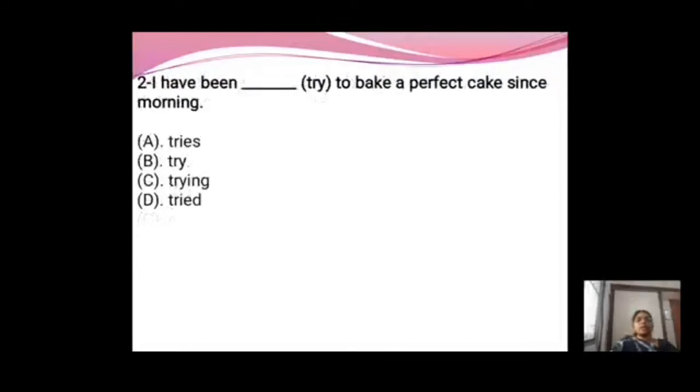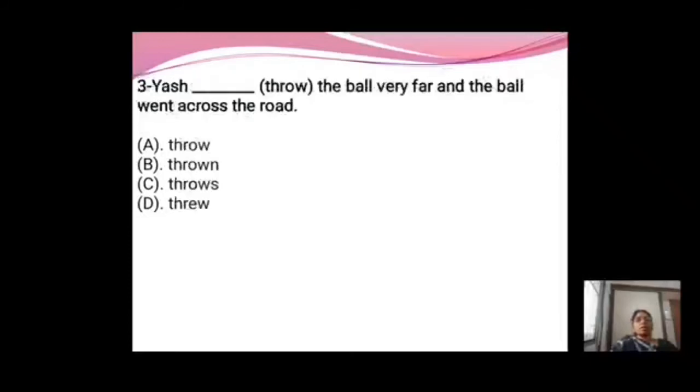I have been dash try to bake a perfect cake since morning. Tries, try, trying, tried. Right? Third question. Yash dash throw the ball very far and the ball went across the road.